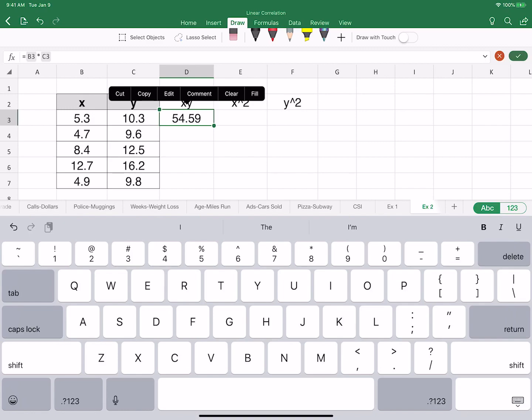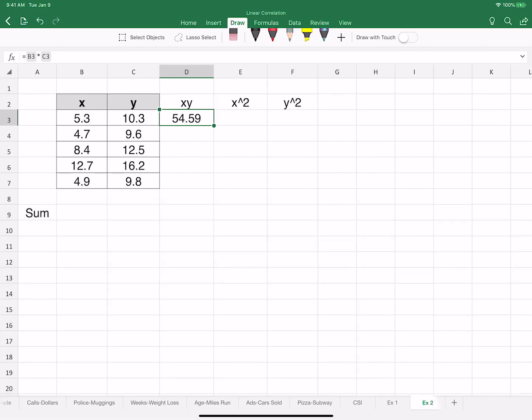Let's do this. I think we'll try it that way. Get rid of the keyboard. All right, whatever.